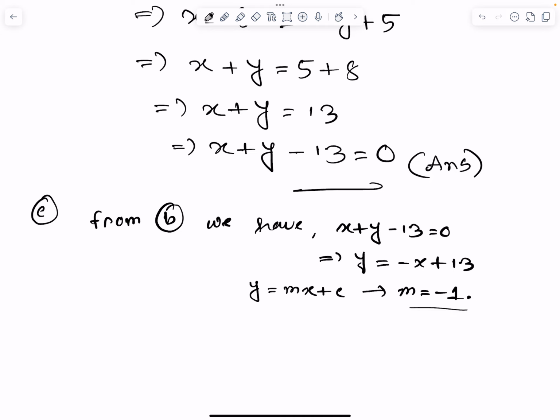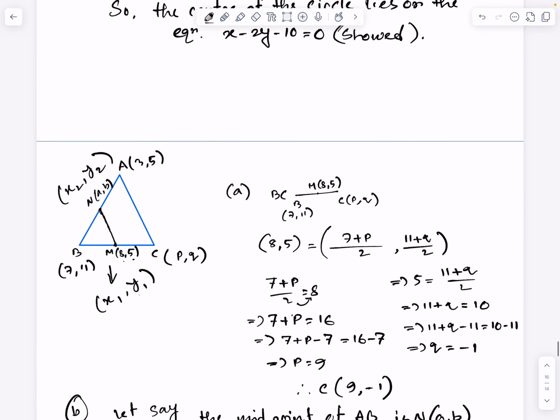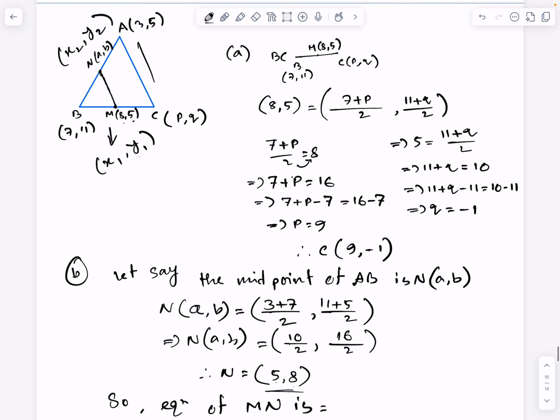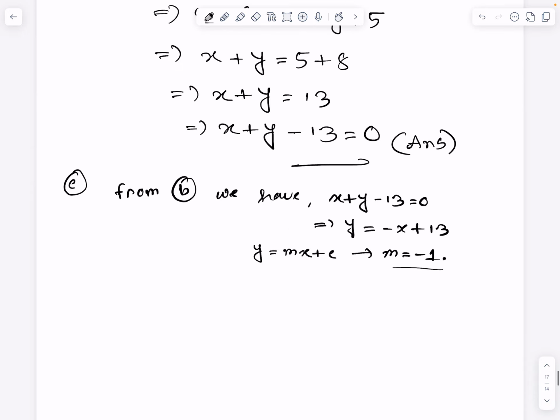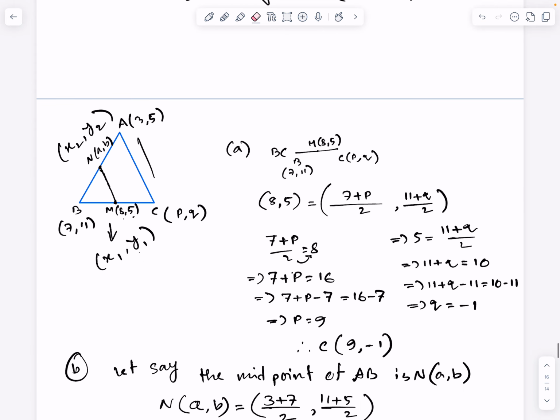So the slope of MN is minus 1. Now we have to find the slope of AC. If the slope of AC is equal to the slope of MN, then we can say those lines are parallel.